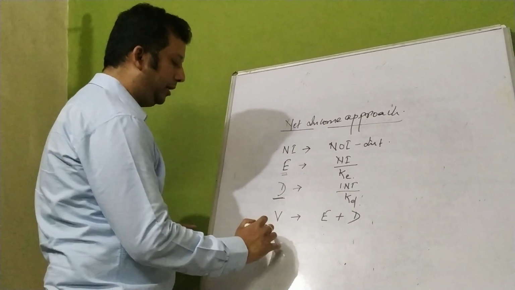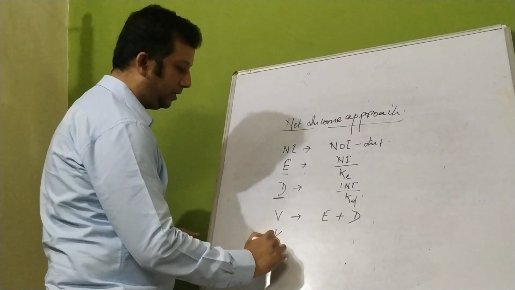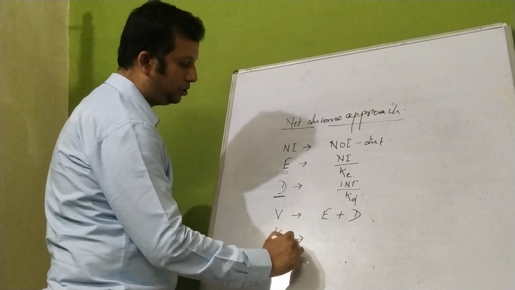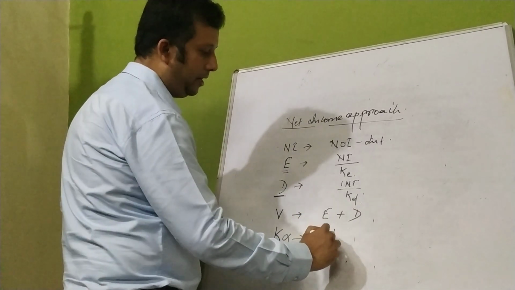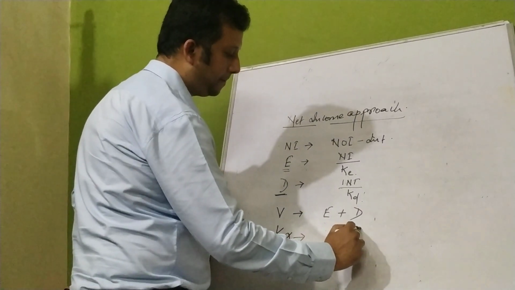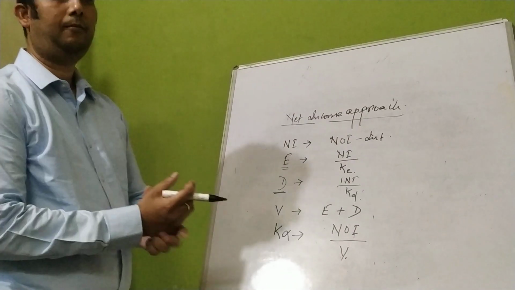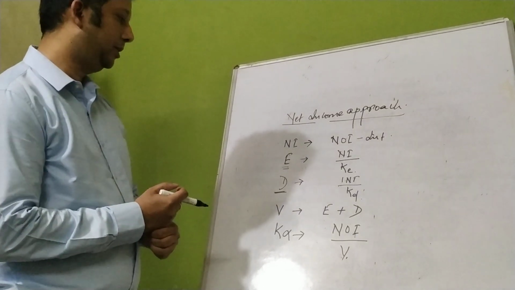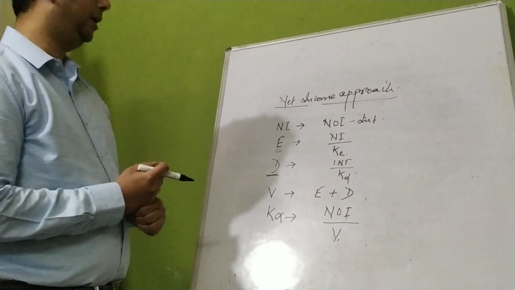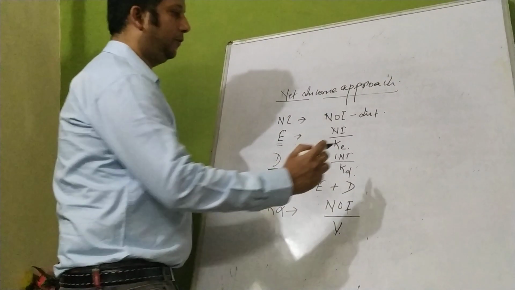Then we will calculate cost of capital. So the cost of capital is net operating income divided by the value of firm. And at the last, we will calculate the weighted average cost of capital.